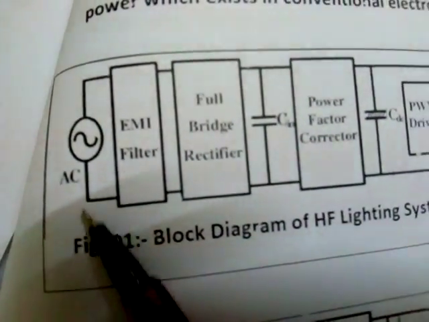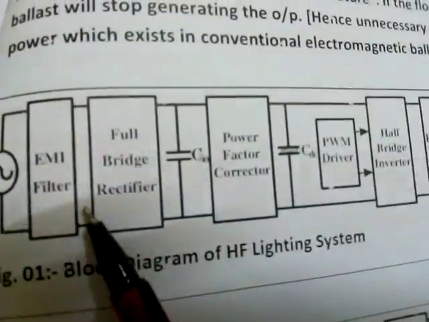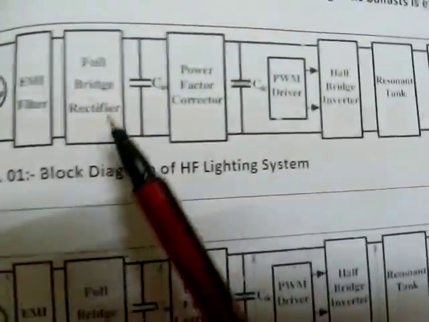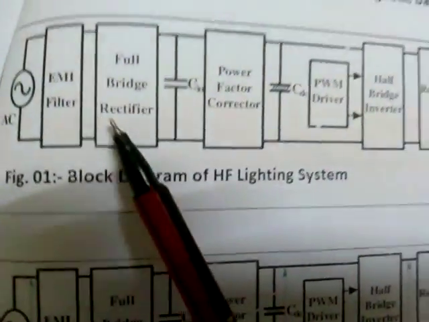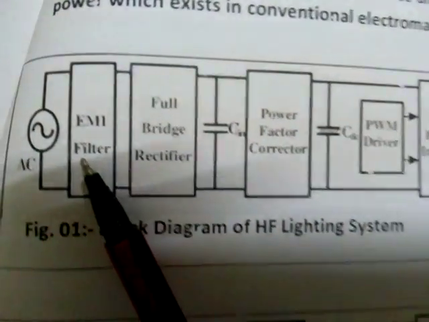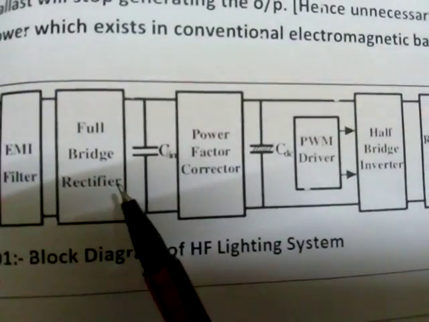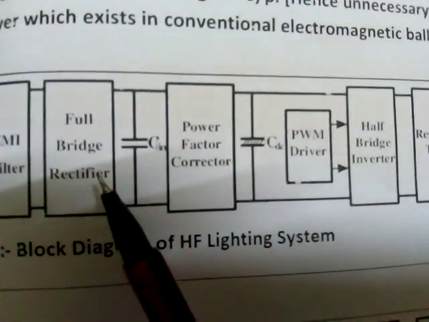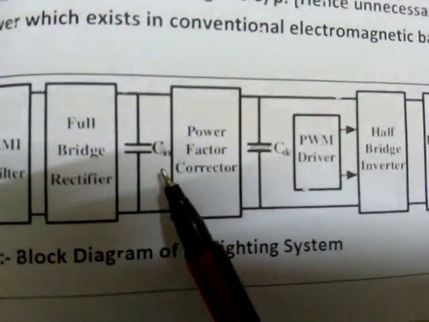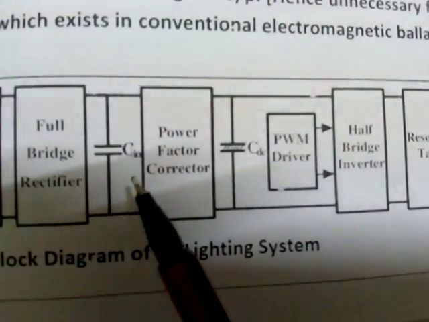You have an AC supply which is fully rectified. Of course, there is an EMI filter. Now, after the rectified AC gives DC, you filter it to smooth it.